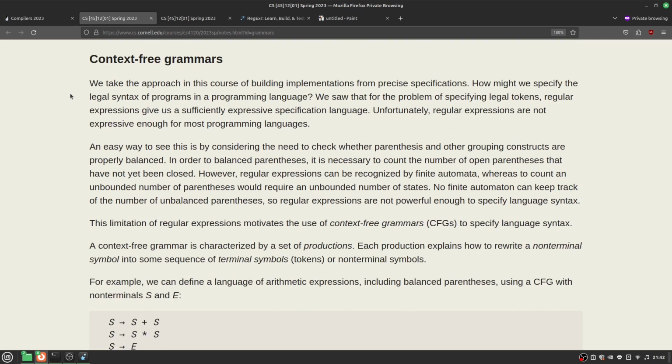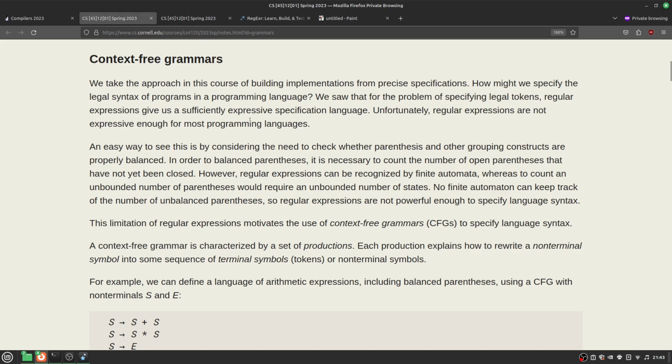Alright, context-free grammars. We take the approach in this course of building implementations from precise specifications. How might we specify legal syntax of programs in a programming language? We saw that for the problem of specifying legal tokens, regular expressions give us a sufficiently expressive specification language.